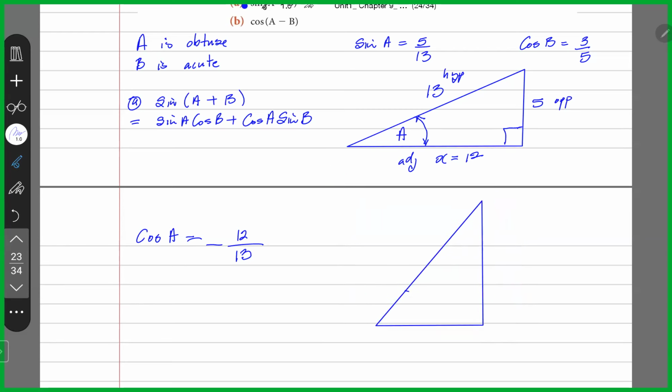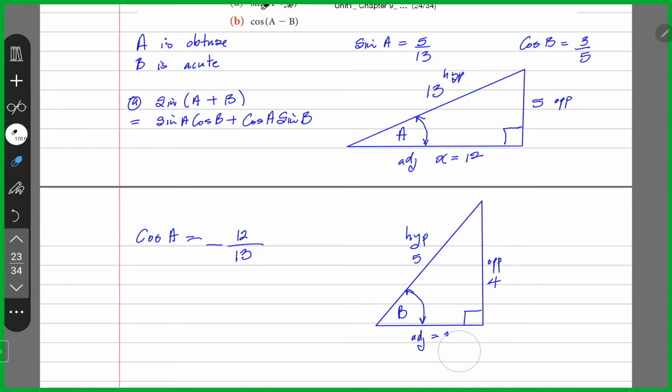So if this is the angle B, cosine is adjacent over hypotenuse. So the adjacent is 3 and the hypotenuse is 5. And from my knowledge of right angle triangles, the side opposite to B must be 4. Again, if you do not know this, you could use Pythagoras theorem to determine the length of the unknown side.